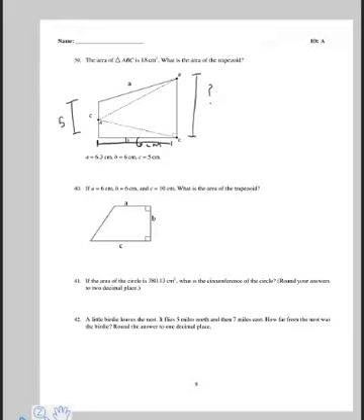Now, the only other piece of information given is that the area of triangle ABC, so A to B to C, this is 18 square centimeters. Now, the reason for giving us the area of that triangle is we can break down that area into its components, base times height, to figure out this missing length right here.